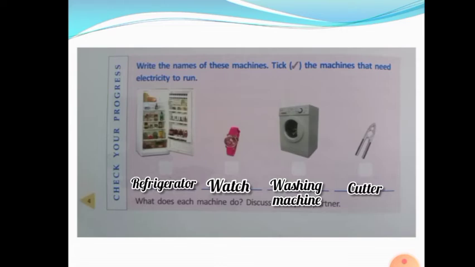Now, tick the machines that need electricity to run. What is the first picture name? Refrigerator. So, it needs electricity to work. So, tick in the box. The next one, watch.